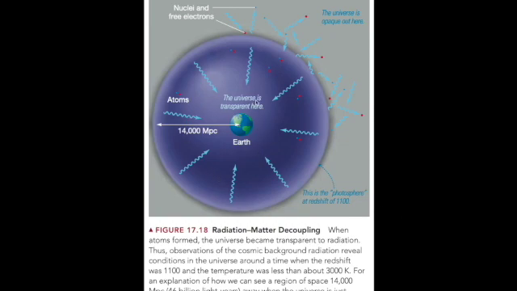So the universe is transparent here for the radiation, and no radiation from outside can go inside. It just deflects from the outside region. This is the photosphere at redshift 1100, and the universe is opaque out here. Nuclei and free electrons. Okay, I think you get the idea.